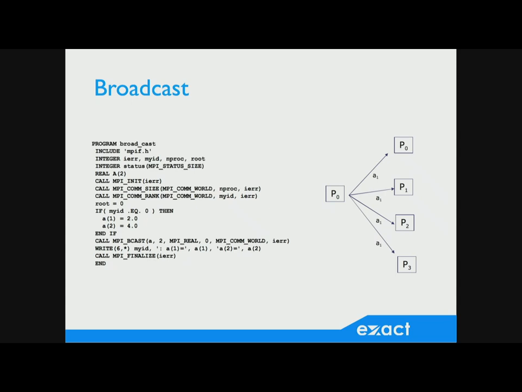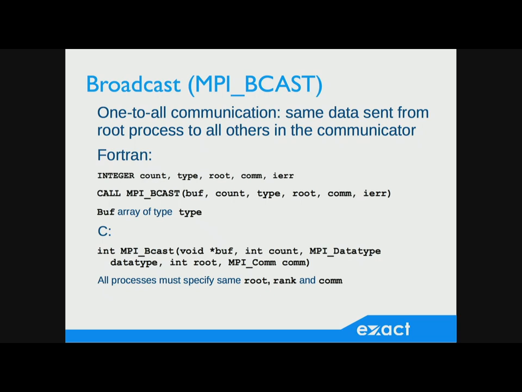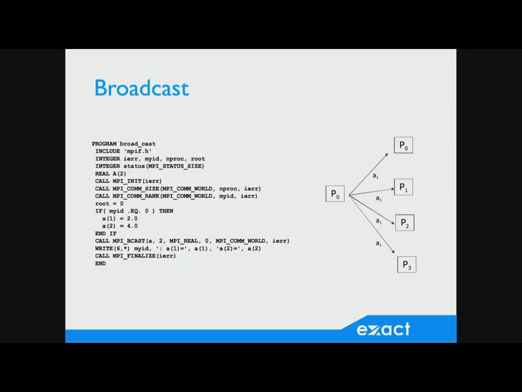I specify the buffer, the number of elements, the type, and the root processor that is sending. Then I write my ID, A1, A2, and I will see that for each processor participating in this computation, I see the same value.